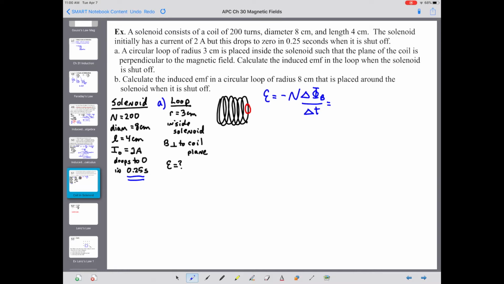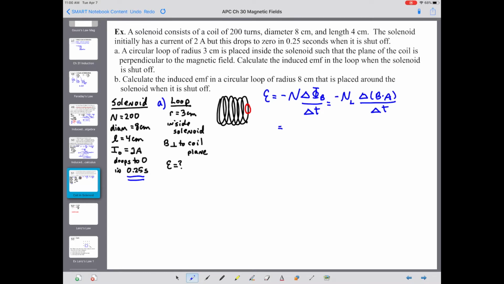Extremely important you keep track of what goes with what, because now you have a solenoid and a loop. So negative N, that N is what you're inducing the EMF in, and what you're inducing the EMF in is the loop. So I'm going to subscript it with an L for loop. Delta Φ, that would be a delta B dot A over delta t.